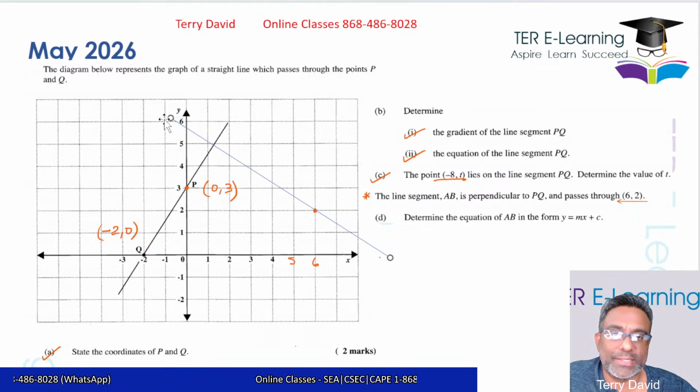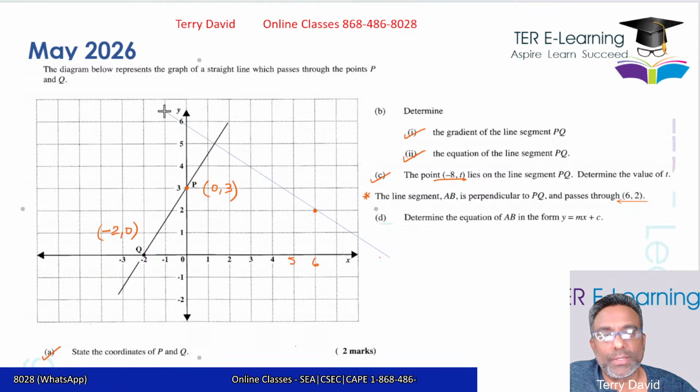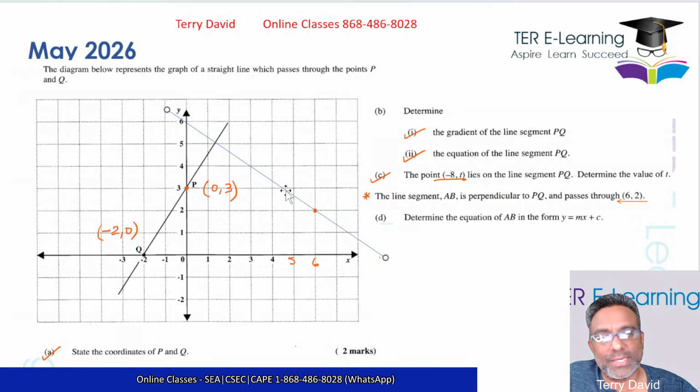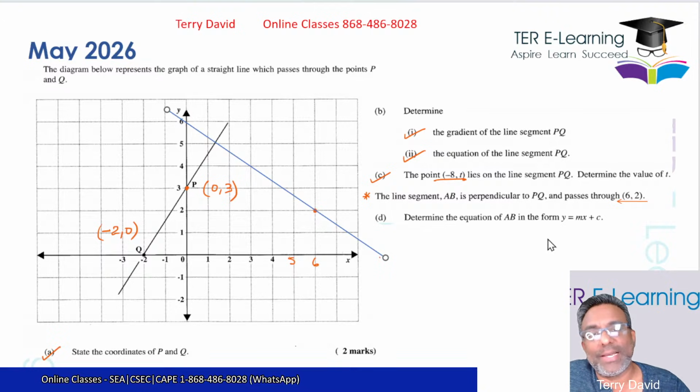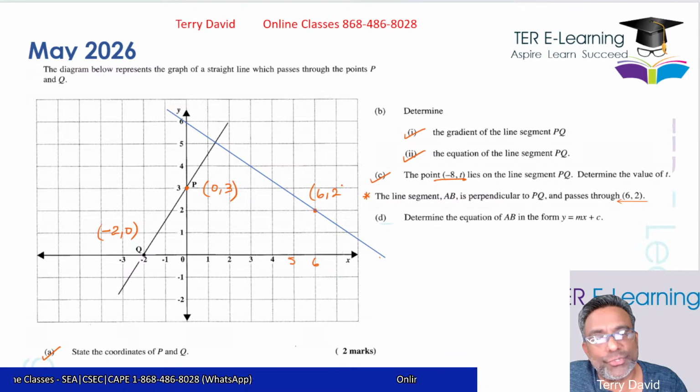We have a scenario like this. I'm just drawing an estimated way of how this is going to look. Basically, we have a line, this line here. Now this line passes through this point here, which is (6, 2).